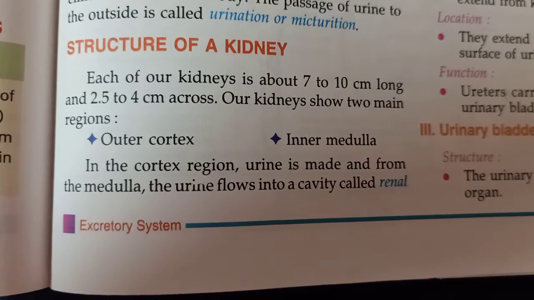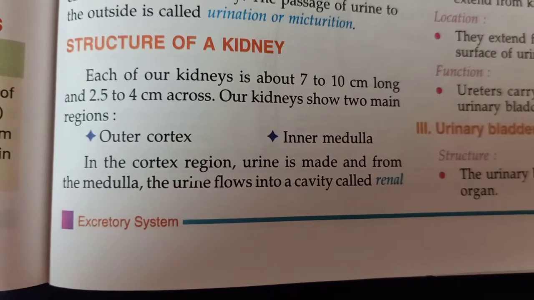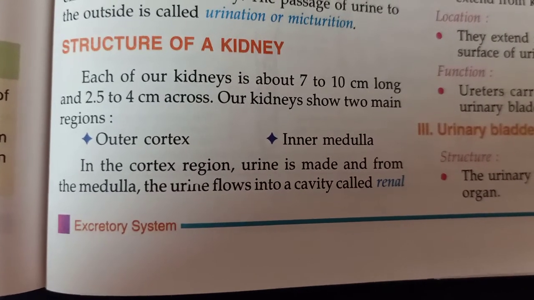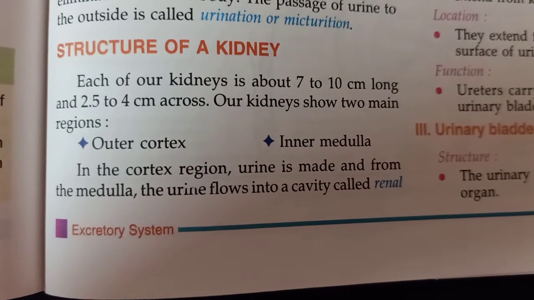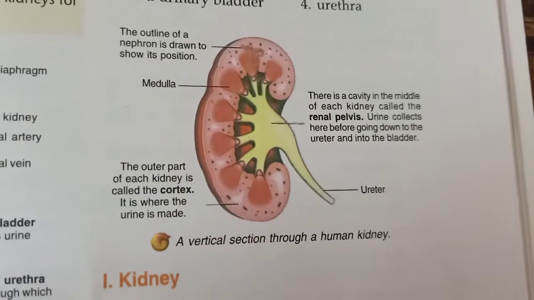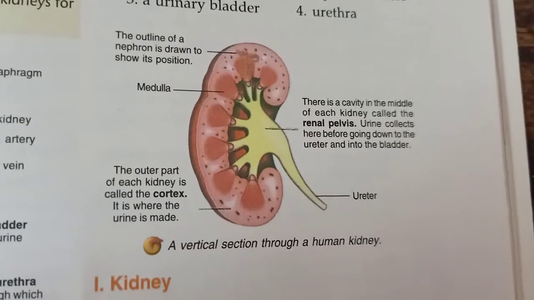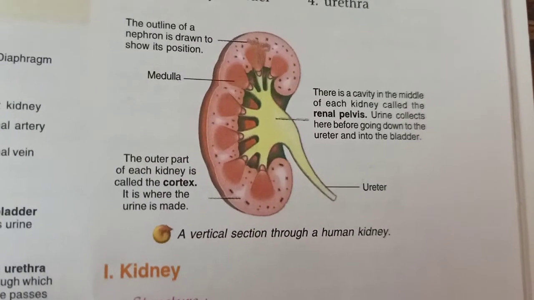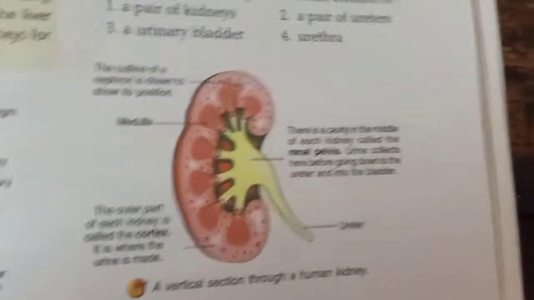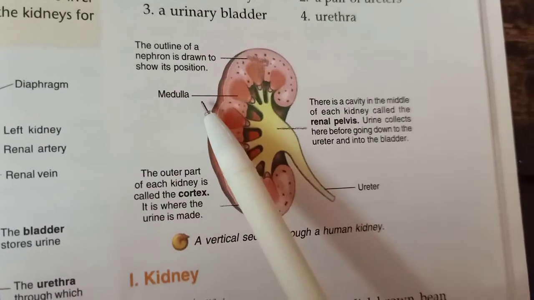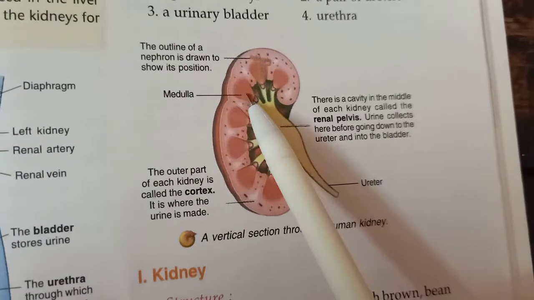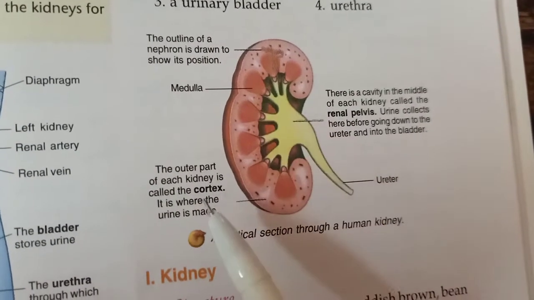Now I'll show you the structure of kidney, and in this diagram you can see the inner medulla and the outer cortex region. So this is the diagram of the structure of a kidney, and in this you can easily see this inner part, the inner medulla region, and the outer part.